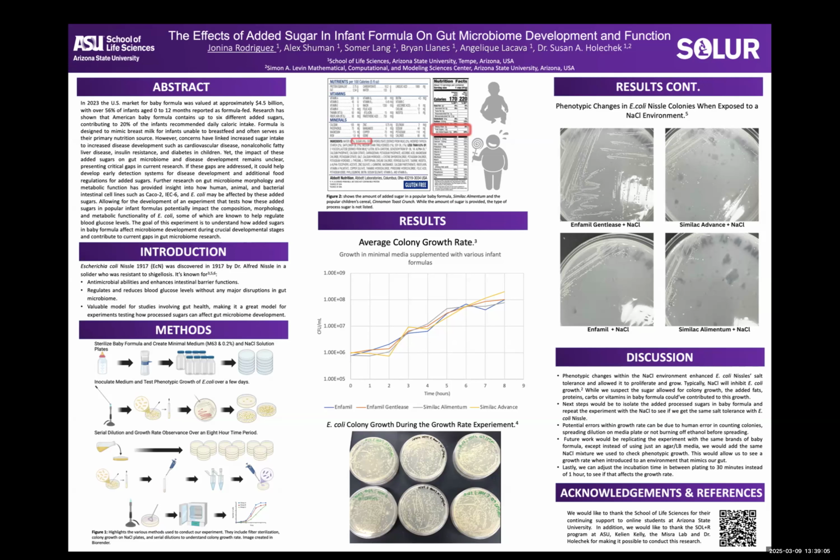So we found that not all formulas have that, but if the formula did have HMOs and processed sugars in it, it was shown that the HMOs can potentially negate the disruptions that the processed sugars are creating within our gut, leading to less disease development.